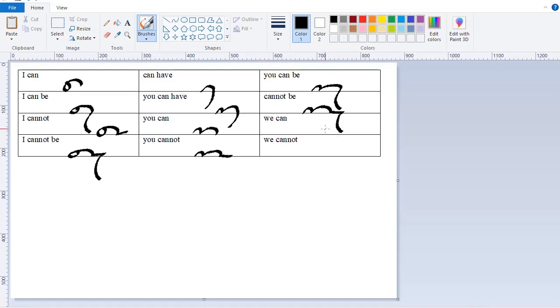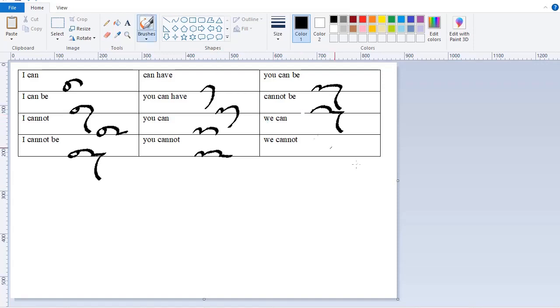So let's check if I'm correct. Yeah. Oh, I'm sorry. It's cannot be. So anyway, added knowledge. But when you say cannot be, it should look like this. There. Okay. And let me just, okay, that's fine.